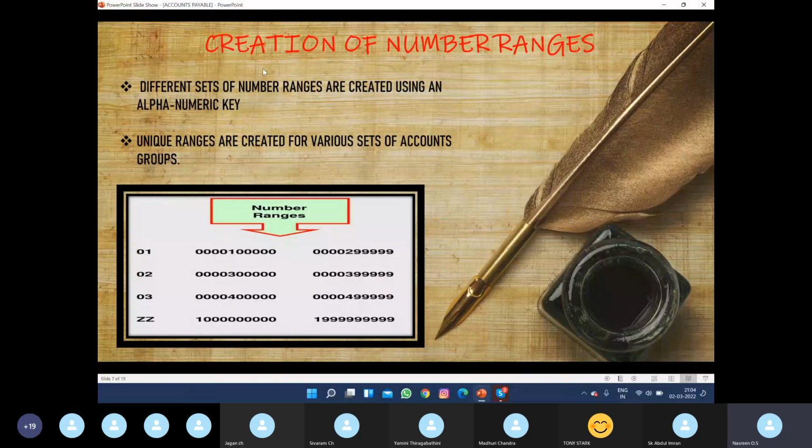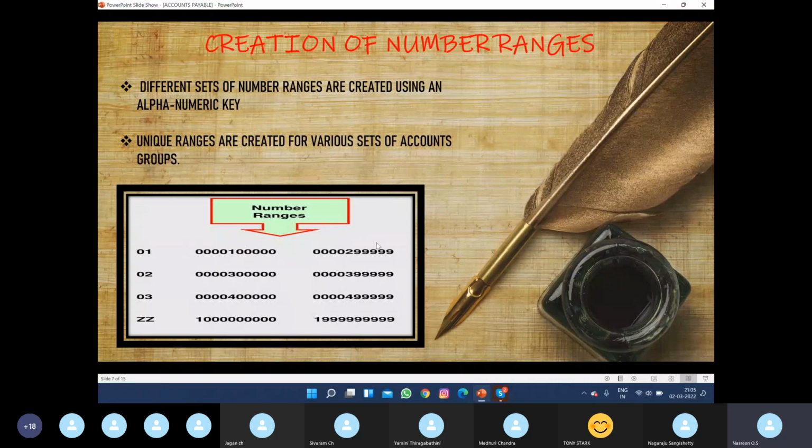So the next step is we have to create number ranges. Number ranges are nothing but certain numbers that we create. Let's say in the given example, we take the series of 1 lakh to 2,99,999. We assign this series to a particular vendor group, and after assigning it to that vendor group, we can create the vendor from that account group.